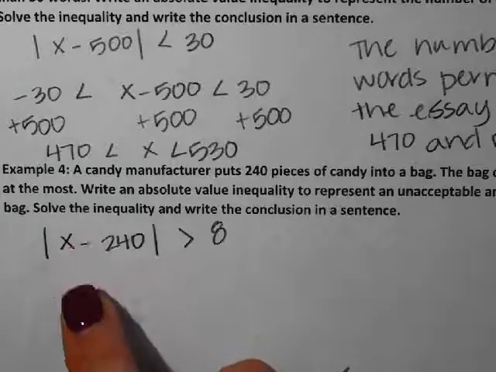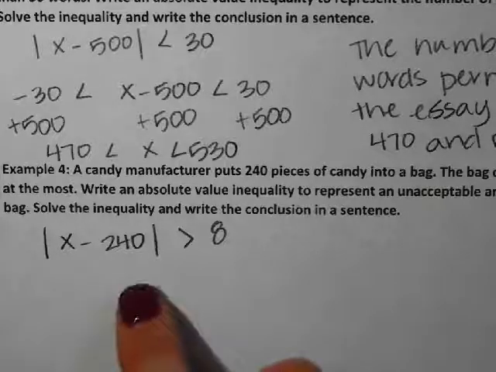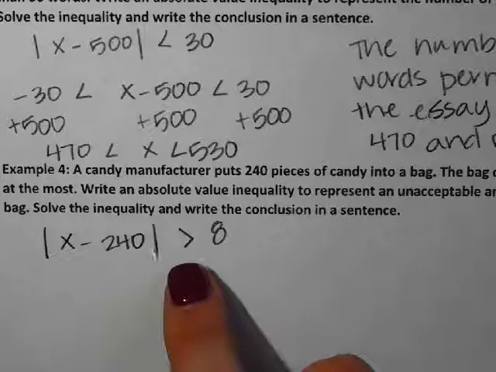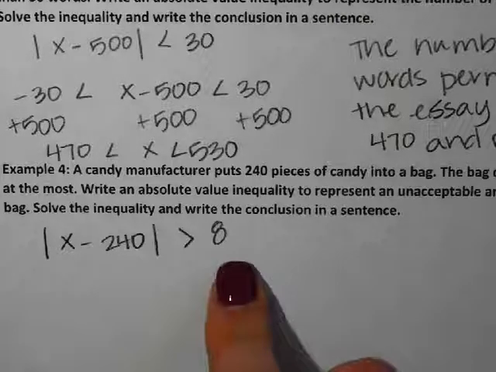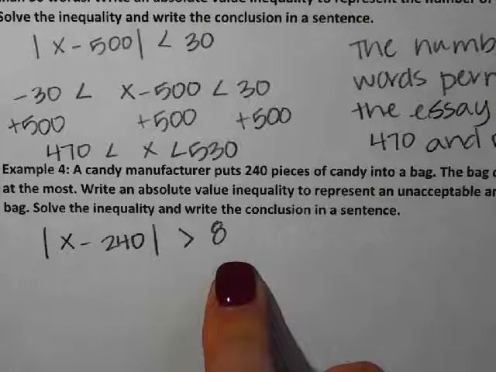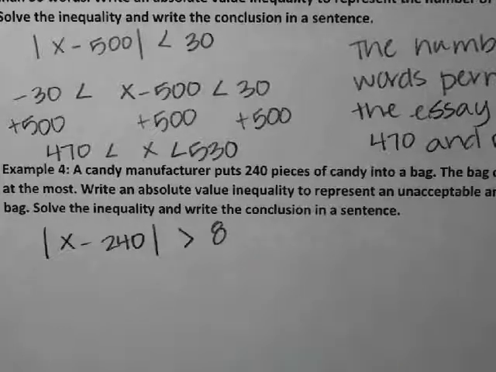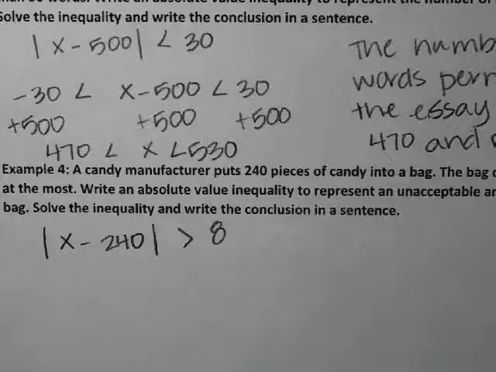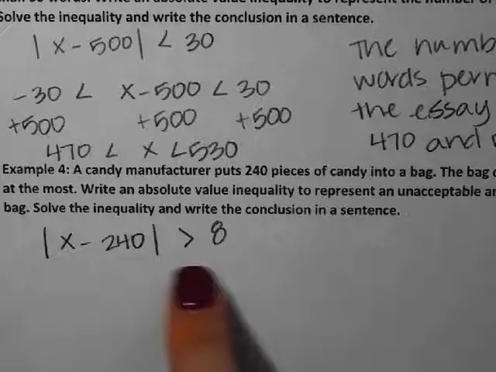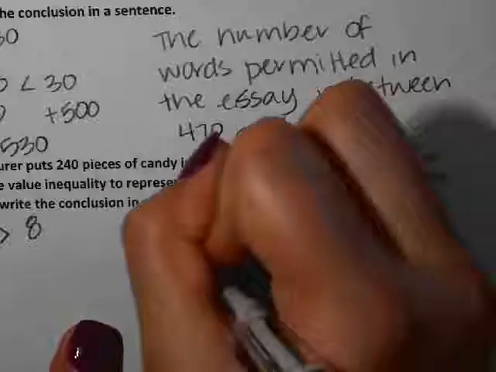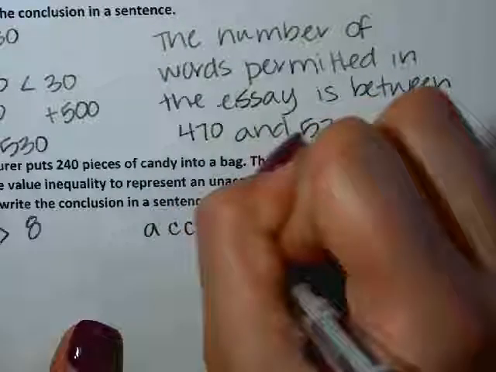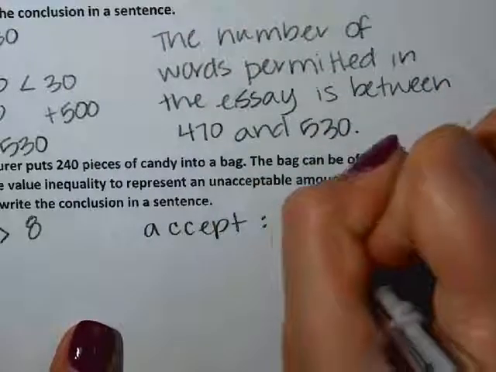If we were writing the inequality for what is acceptable, we would say it's acceptable to be less than or equal to 8. It is unacceptable to be greater than 8. Does that make sense? Because that's talking about acceptable, and we are writing the inequality for unacceptable. So the way the sentence is phrased, it says that it is acceptable to be within 8.